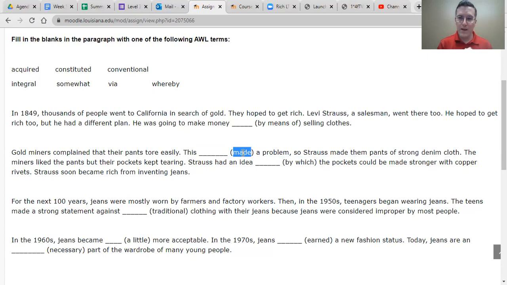The verb "made" here is in the past tense. So I'm looking for a past tense verb. And I can see here at the top that the words "acquired" and "constituted" both have that -ed ending. That certainly looks like past tense to me. So I can ignore the other words here and try to look at these, acquired or constituted.